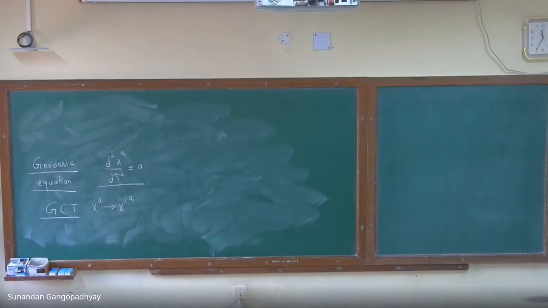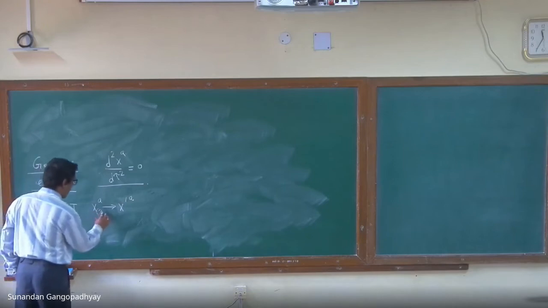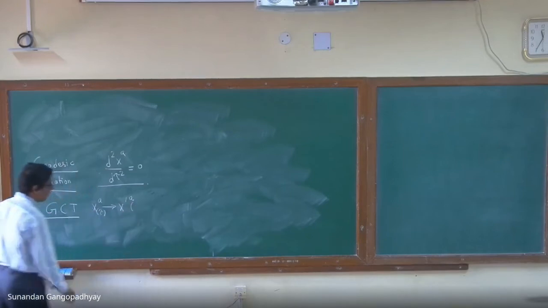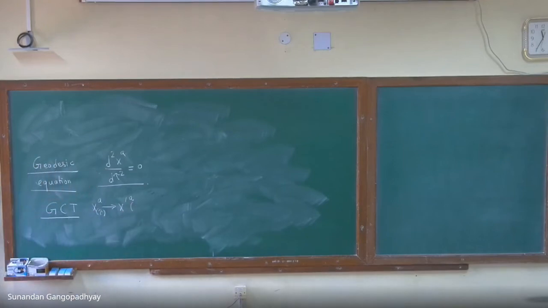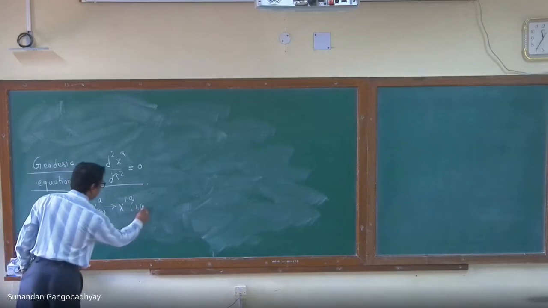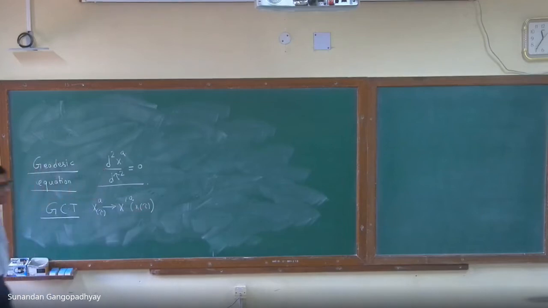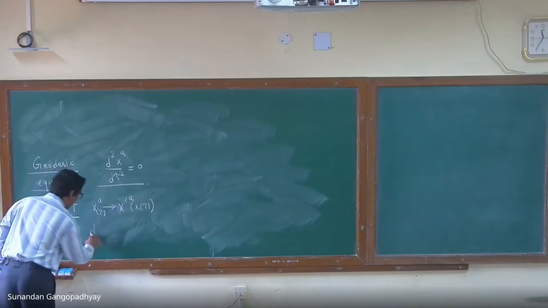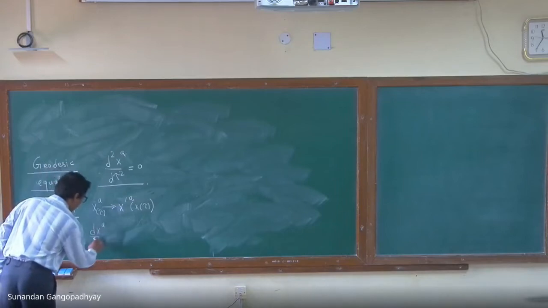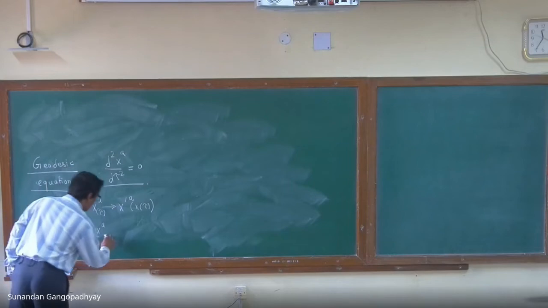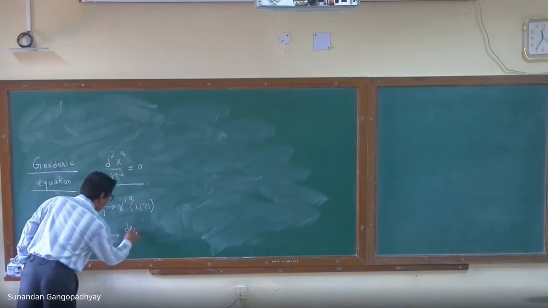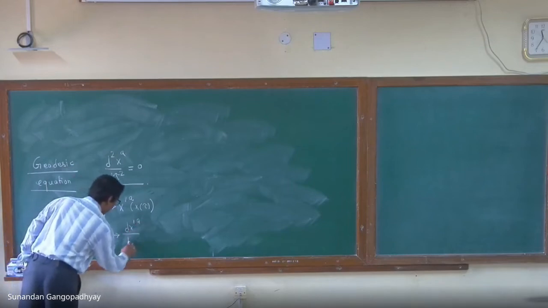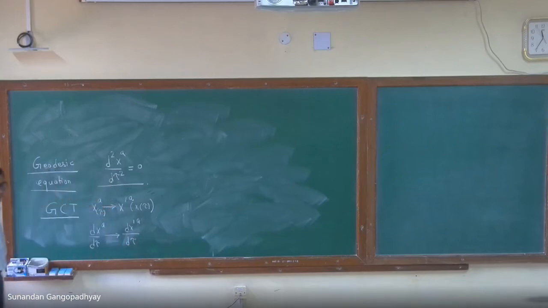So x^a was tau, and x prime means X. We have made a general coordinate transformation, and under this, dx^a/d tau transforms to dx'^a/d tau.